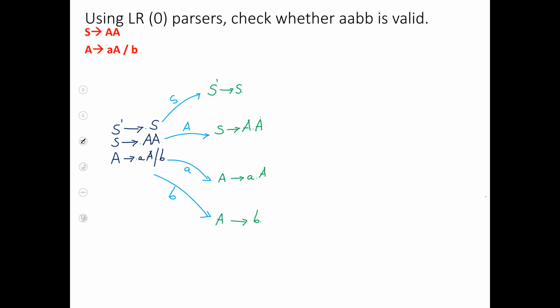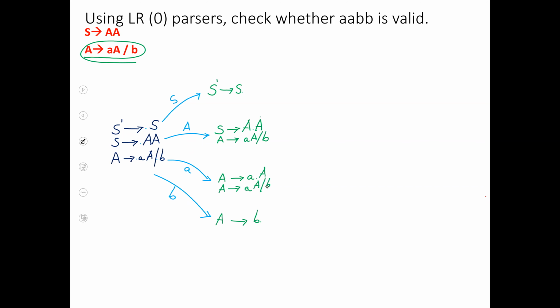In the rule itself, they're telling A can be expanded to AA or B. So I write over here, A can be AA or B. Look at the third case. Third case also I have a capital A, which can again be expanded. So I write A can be the same thing, AA or B.